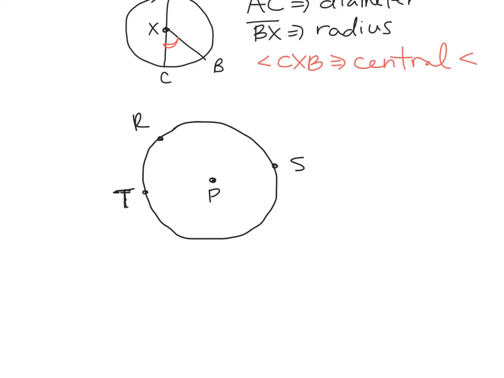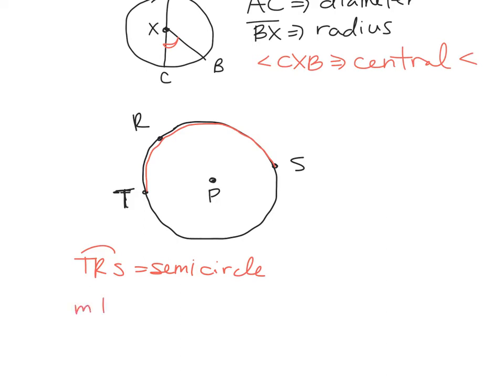First thing we're going to look at is what's called arc TRS. And that's called a semicircle. Okay, so arc TRS means you start at T, you go through R, you end at S, right? So TRS would be this arc. Okay, and that's a semicircle. Anyone know the measure of that arc?